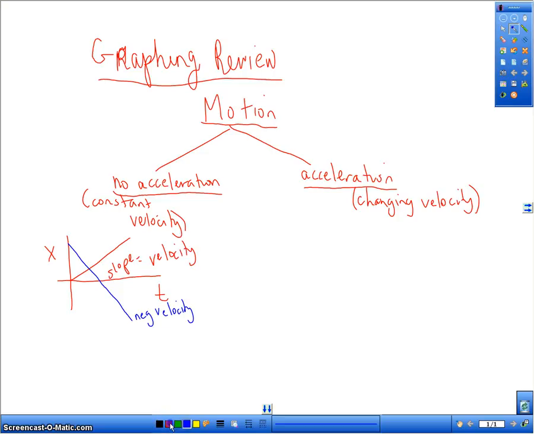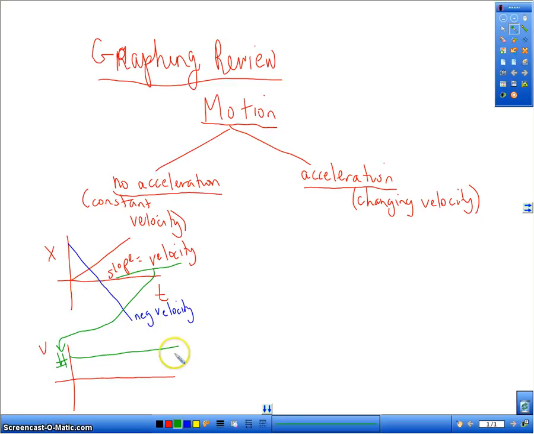The velocity time graph, if I were to plot the velocity time graph, is going to be a straight line whose value over here on the axis represents whatever the velocity is. We could also say that the slope of this line is going to be that value right here, if I were trying to link two graphs together.